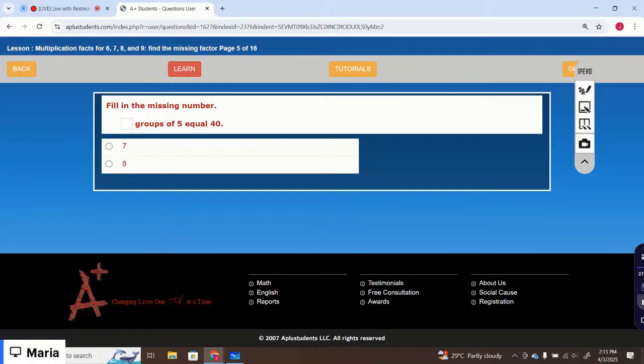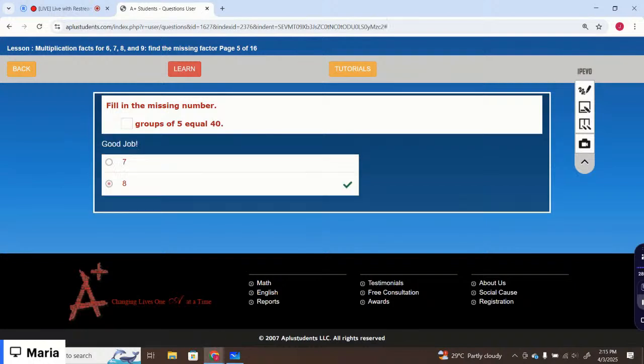Fill in the missing number. How many groups of 5 equal 40? That is 5 times 8 is 40. Option number 2 is the correct option.